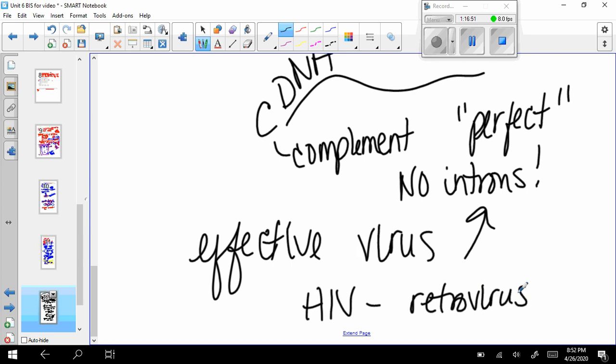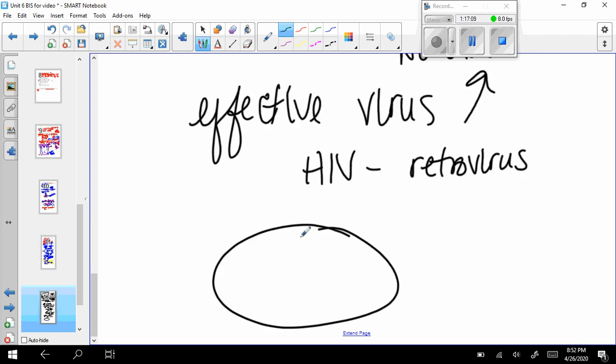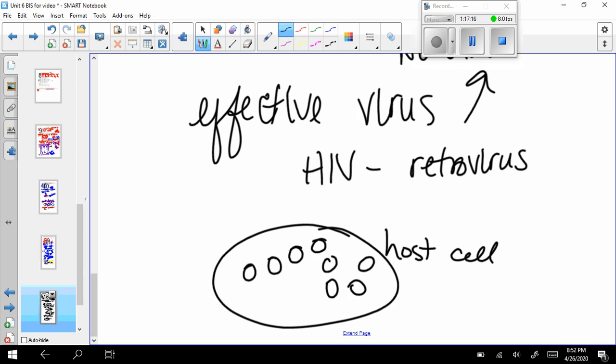So a retrovirus is able to easily take over its host cells because it goes in and it changes its RNA back into DNA, and then the cell will just use the DNA and make the proteins that the virus wants it to make. And eventually, this host cell is going to make all of these. So like picture on the news, these are all coronaviruses.